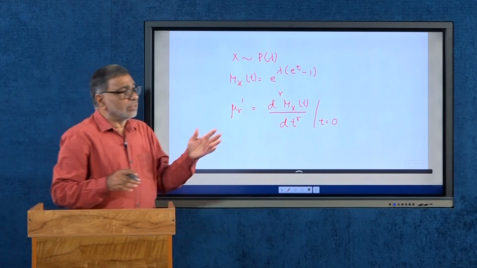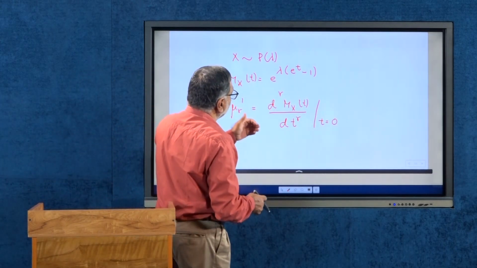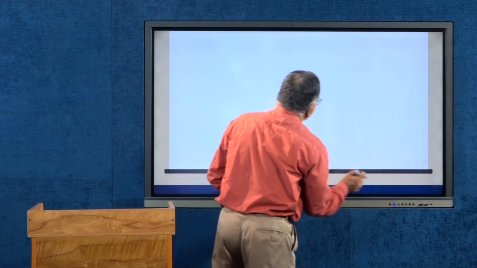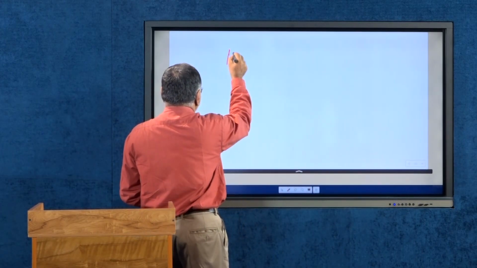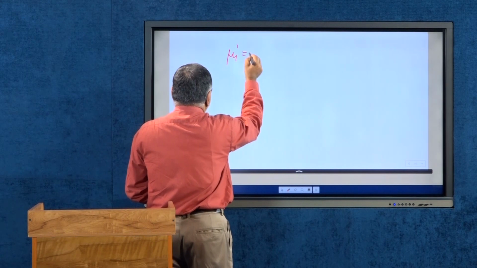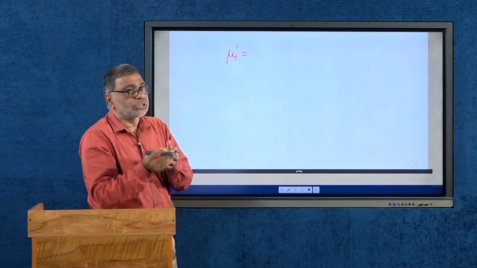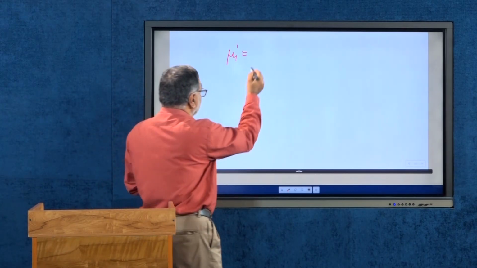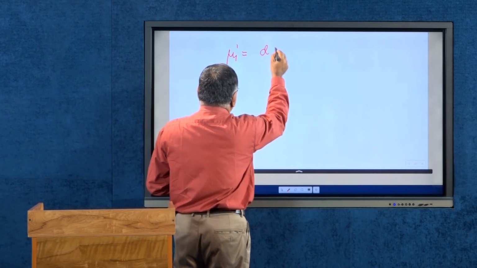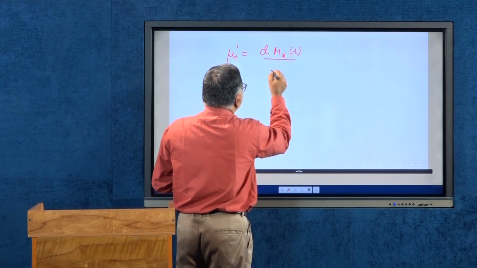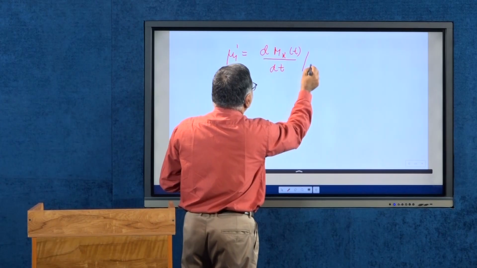So, this is the way we can calculate the rth arbitrary moment of a random variable if the moment generating function is available and if it is differentiable with respect to t. And here we are finding the first arbitrary moment, mu_1'. How do you find mu_1'? You know the value of mu_1', but we are finding it using the moment generating function. So, mu_1' is equal to the derivative of the moment generating function with respect to t when t is equal to 0.